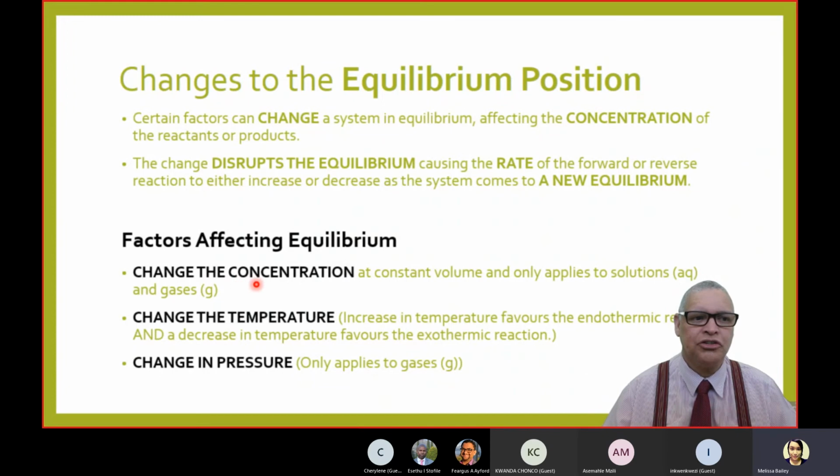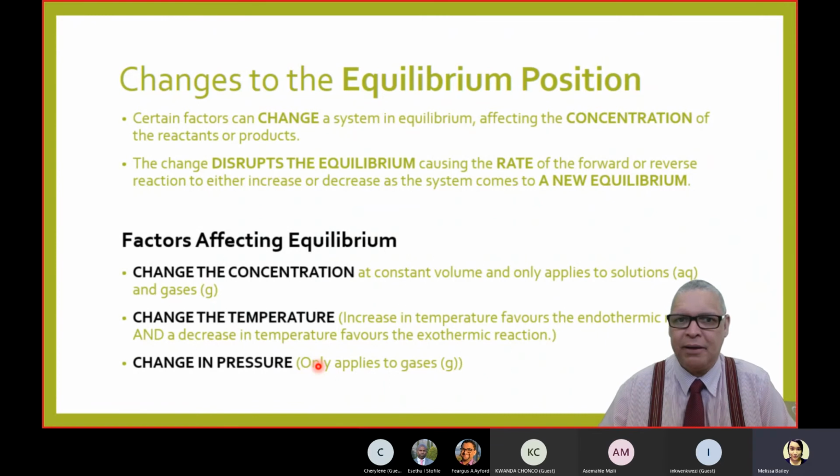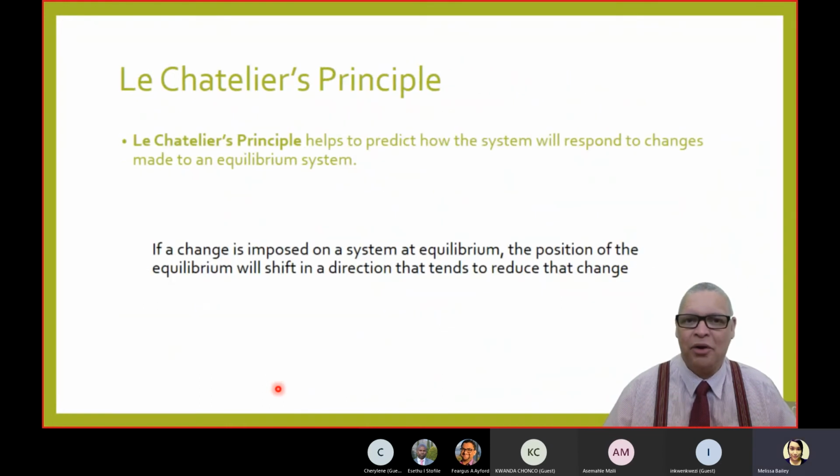Number 1, concentration. Number 2, temperature. And number 3, pressure. And if you're looking for an acronym, because you're in your study phase, just remember TCP. T for temperature, C for concentration, P for pressure. Those are the factors that affect the equilibrium position.